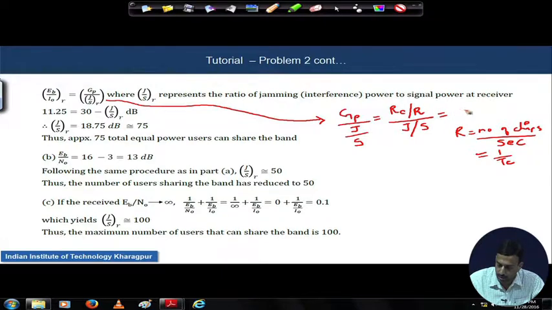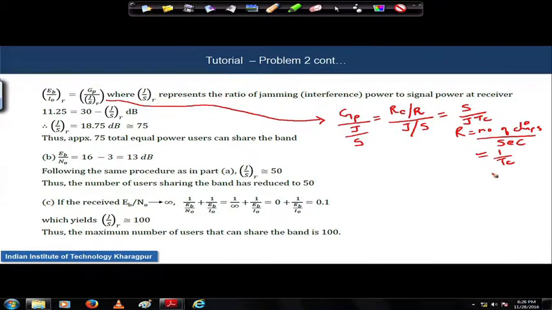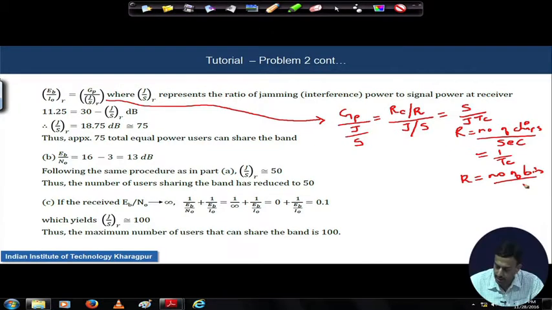So in the numerator what we get over here is signal power. This is jammer power into Tc, and R, which is nothing but the number of bits of the original signal per second, so per bit it is 1 by Tb. So this becomes S into Tb.